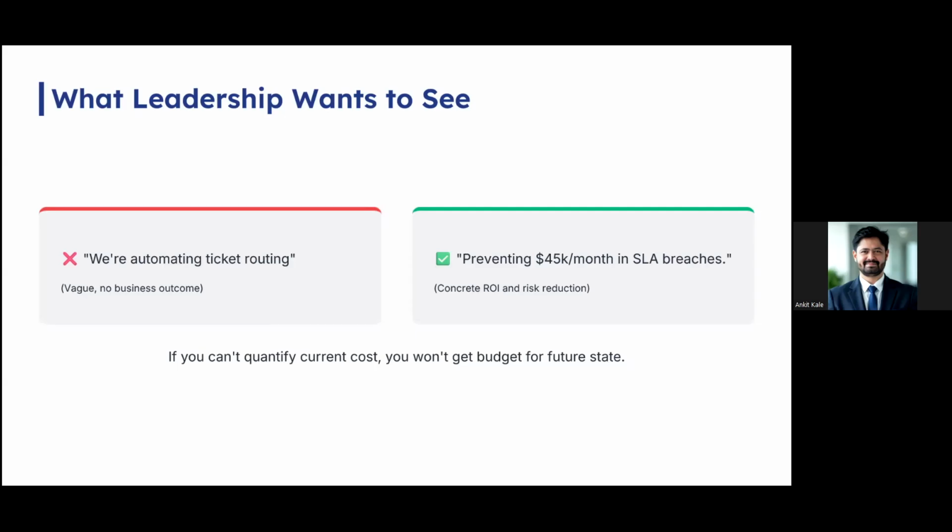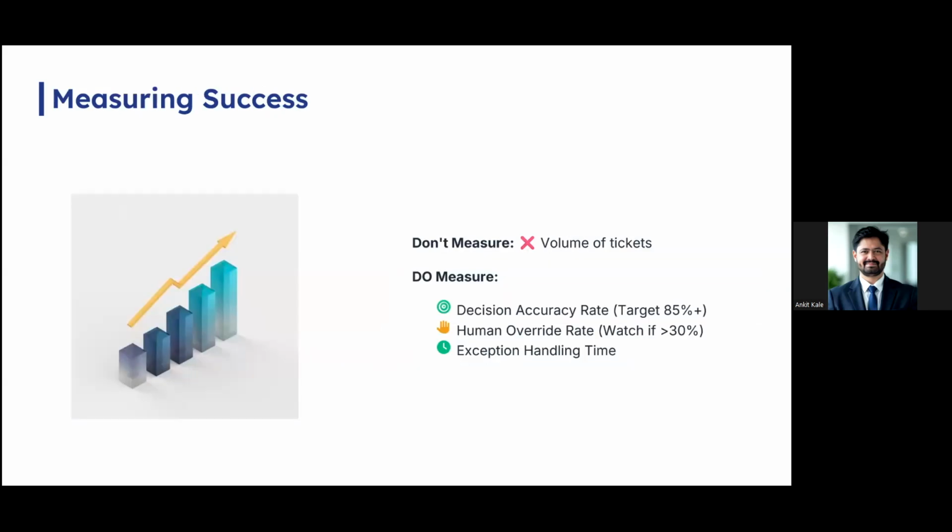That is very important, right? Then how do we measure success? Of course, on the basis of decision accuracy rate, not with the help of the volume of tickets. That is very important while measuring success.